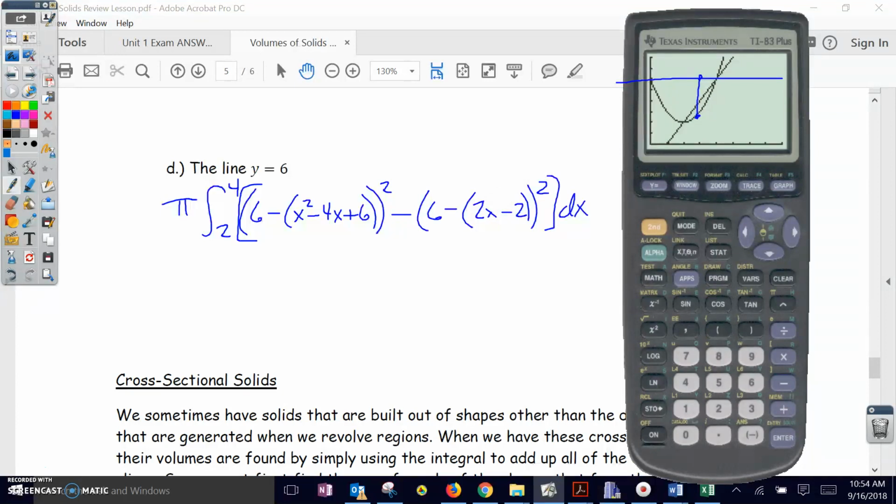And then I'm going to go ahead and calculate my integral on my calculator using the numerical integral function.